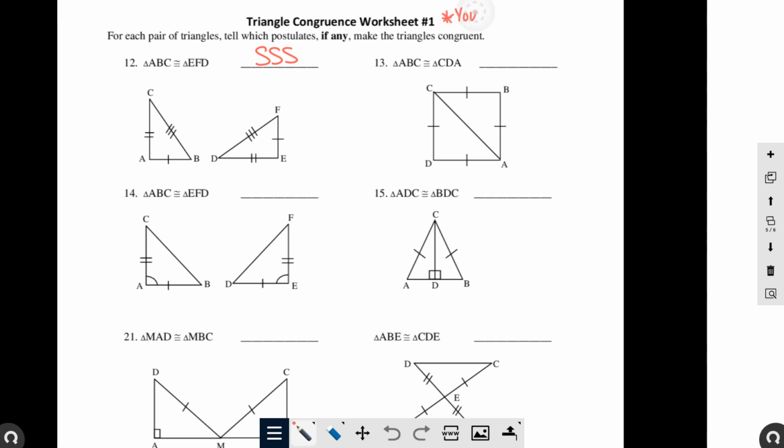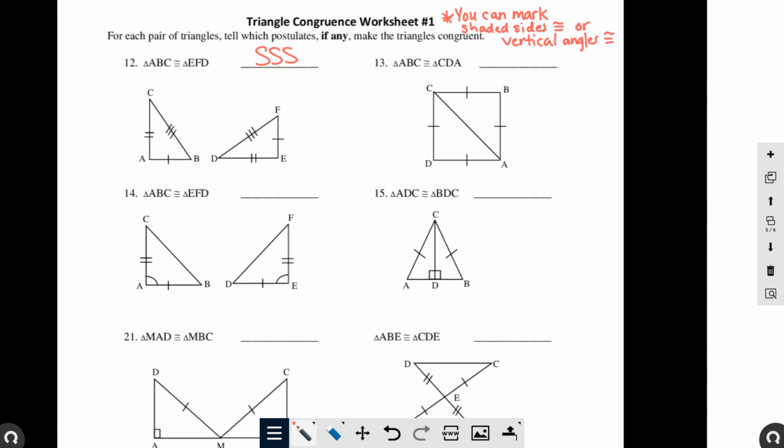You can mark shared sides, which would be congruent. And the other thing that you can mark is vertical angles, which are congruent.